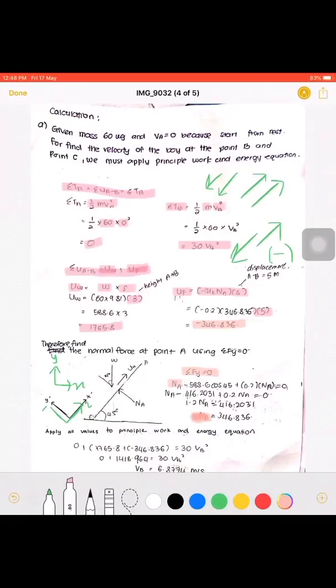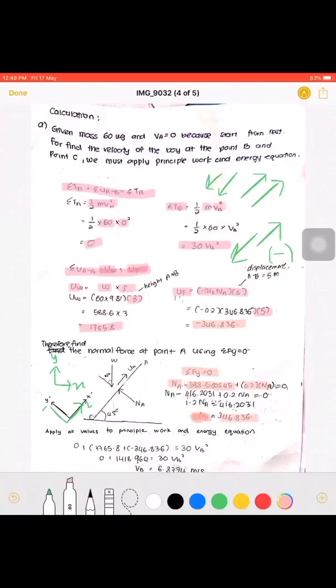And A is already in the shifted axis, but not W. W is 60 times 9.81 and the cos 45, adjacent to the 45 degrees, while this one is the friction. 0.2 is the coefficient times NA equal to 0. Okay, then we can get the NA, which is this one.